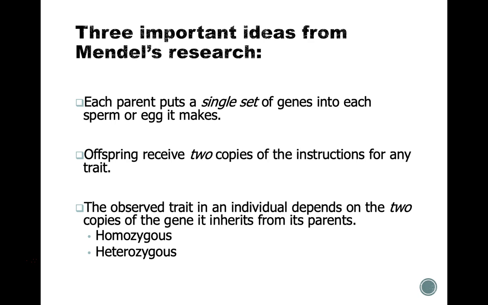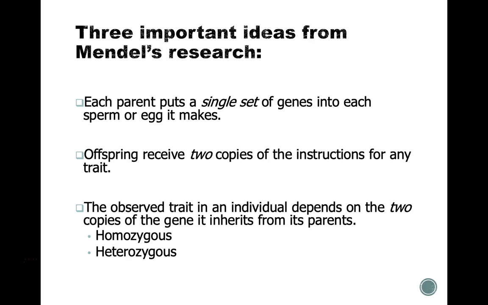So there were 3 important ideas that came out of Mendel's research. Now, keeping in mind that Mendel didn't know what was being passed on, but because we do, we are going to use our terms now. So 3 important things that came from Mendel's research. One is that each parent puts out a single set of genes into the sperm or the egg that it makes.